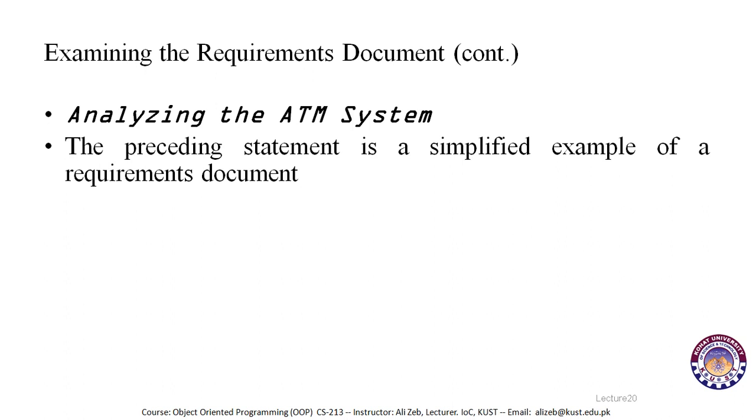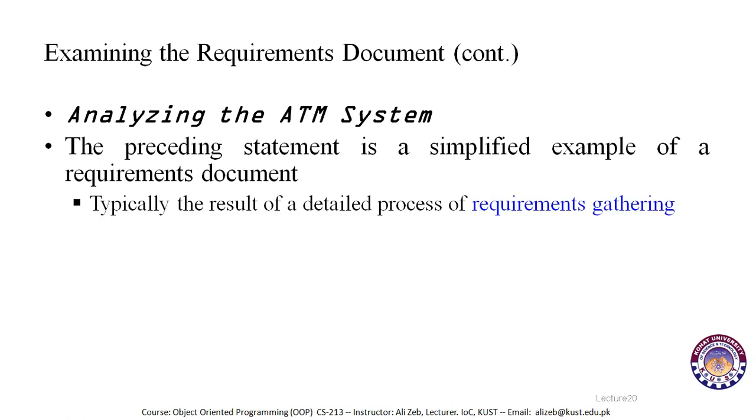The real requirements document might be very detailed, and that document is a result of a detailed process of requirements gathering. And whenever you develop a software, you are supposed to gather the requirements, all kinds of requirements that software is supposed to perform. What is basically the software going to do?